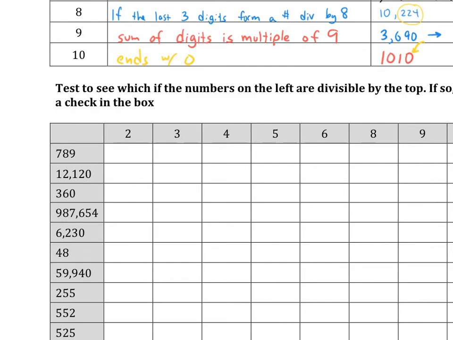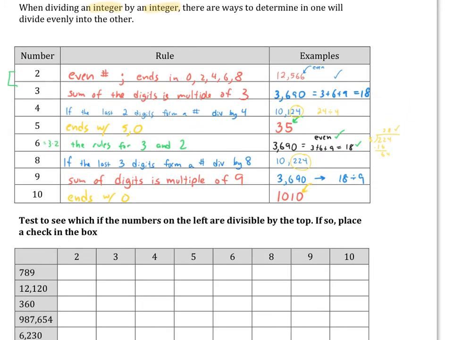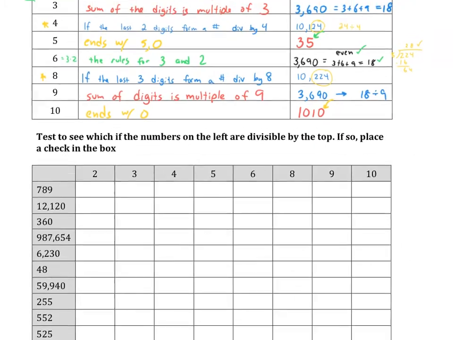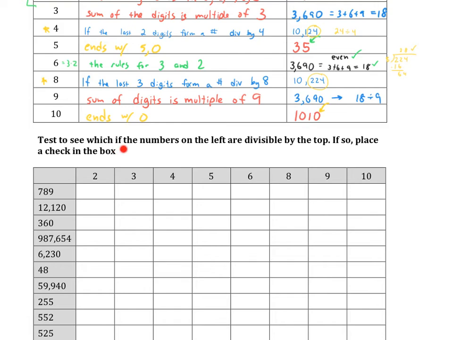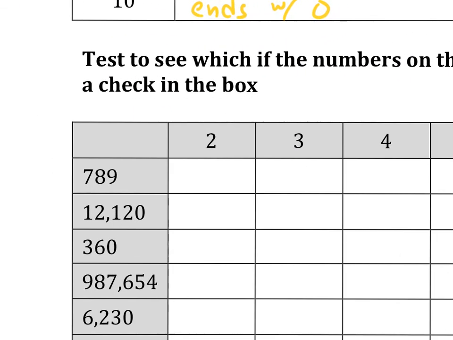So I'll walk through the first row with you. Test to see if the numbers on the left are divisible by the numbers on the top. If so, we're just going to place a check. Notice that 789 is not divisible by 2 because it's not even. So let's check 3. 7 plus 8 plus 9, that's 15 plus 9, so that's 24.